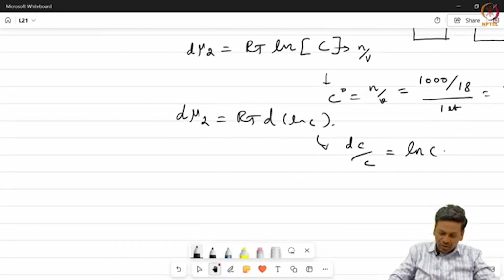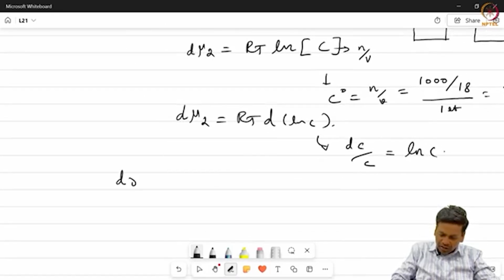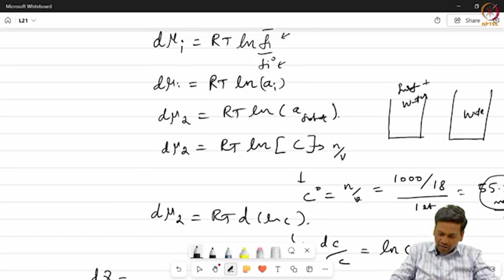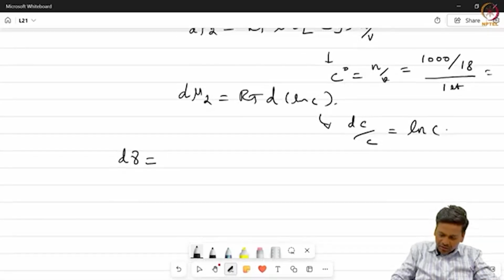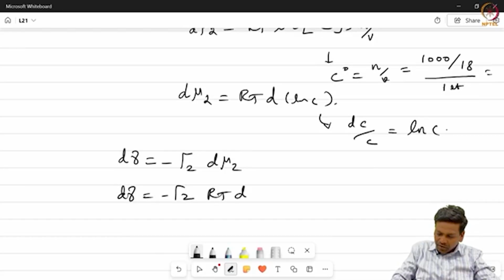So if you substitute this back into your equation, that is d gamma equal to minus gamma 2 d mu 2, right? If I substitute this, d mu 2 will be simply RT d ln C, right?